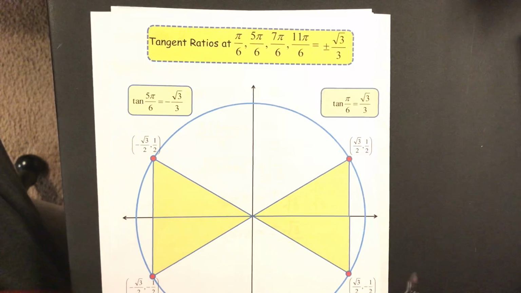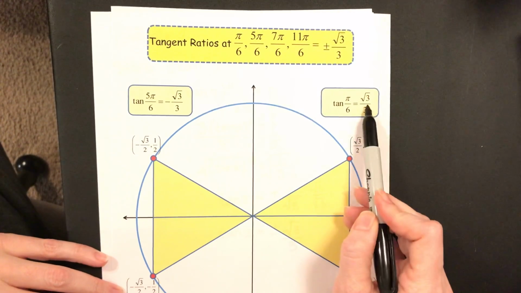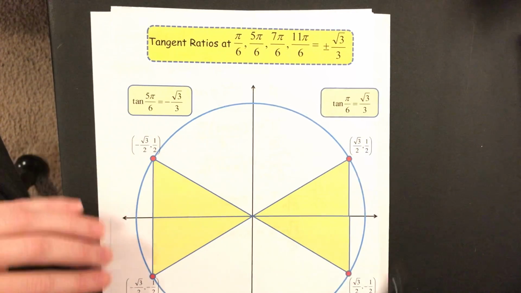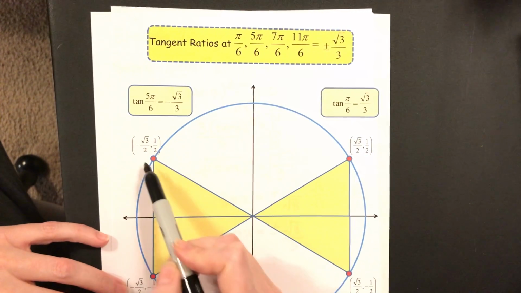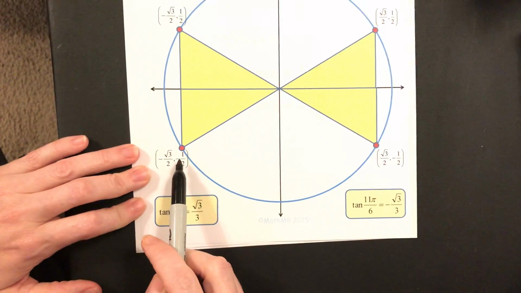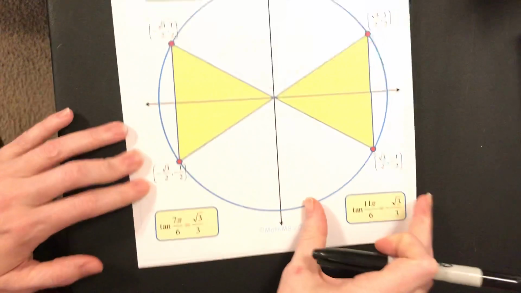When it's simplified the whole way and it's a sixth, that's where you're going to find the tangents being either positive or negative square root of 3 over 3. So at 1/6, 5/6, 7/6, and 11/6. I can't say that.